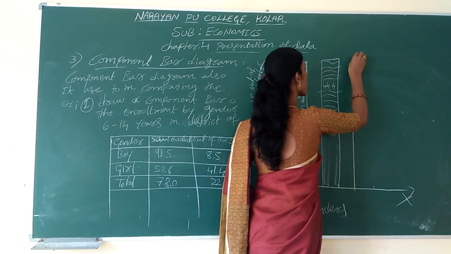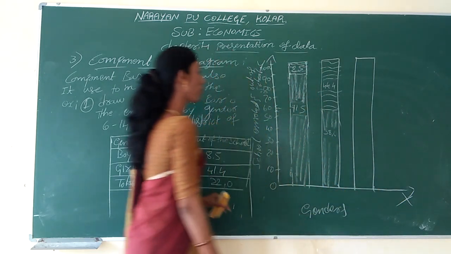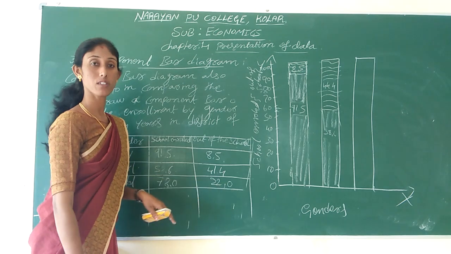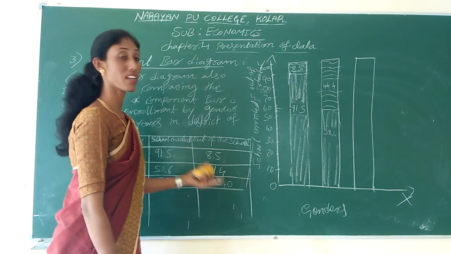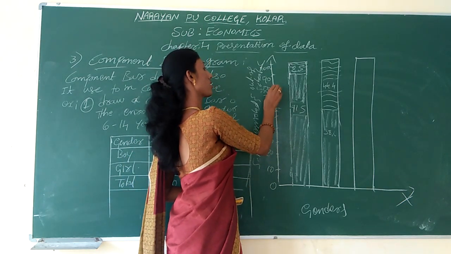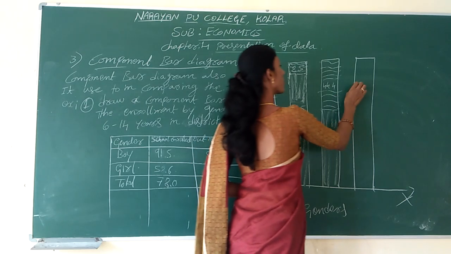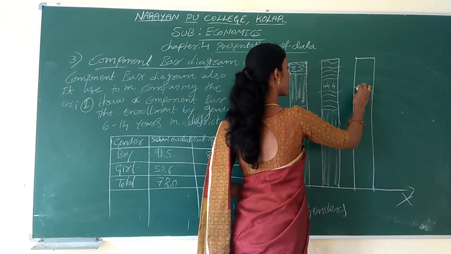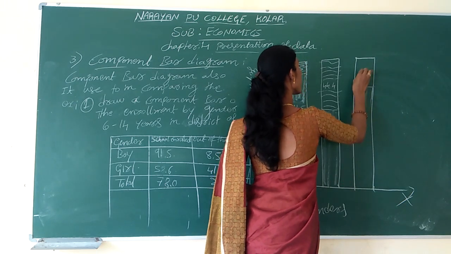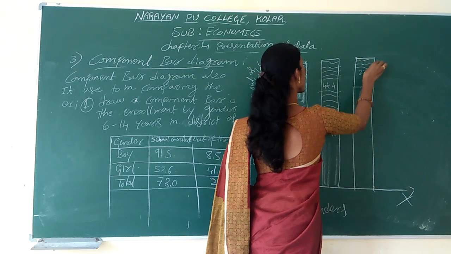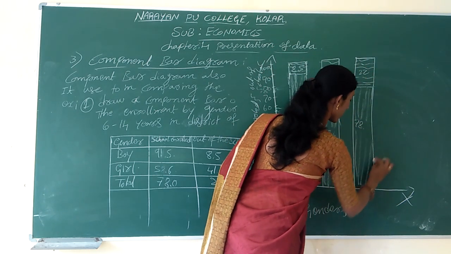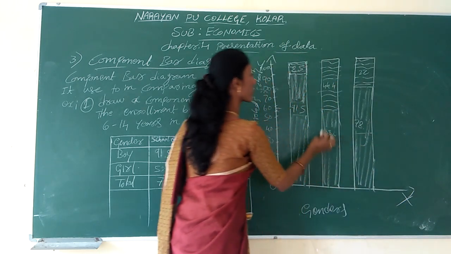It also goes to 100. In the total population, 78% is enrolled in school and 22% of the total child population is not enrolled in school. Now 78 is here, and here 22.